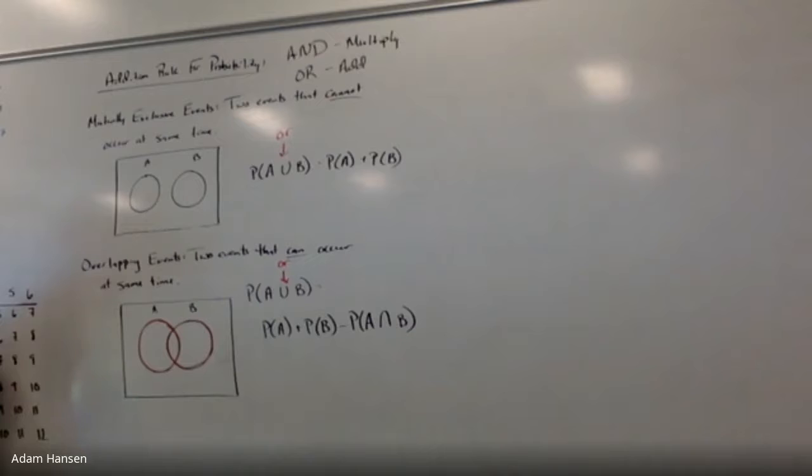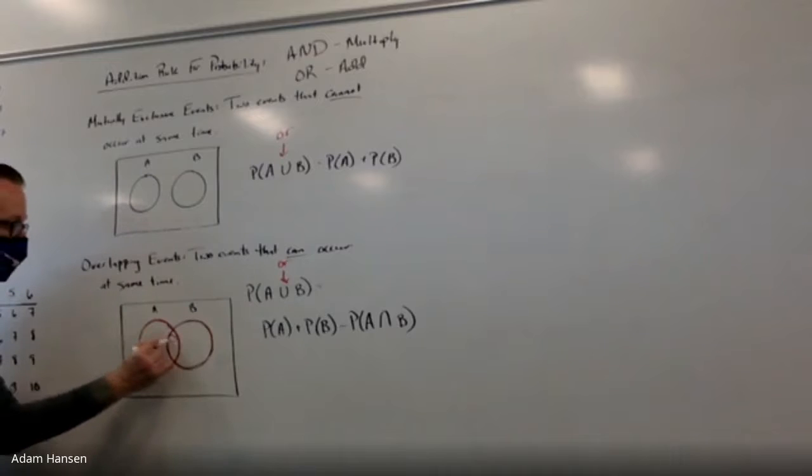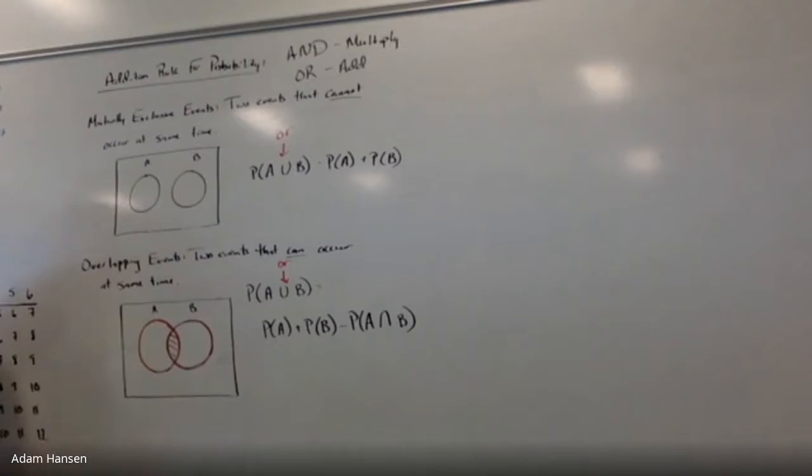Did I circle through anything twice? Oh, yeah. Right here, right? Didn't I count this when I counted up everything in circle A? And I counted it again when I counted up everything in circle B?